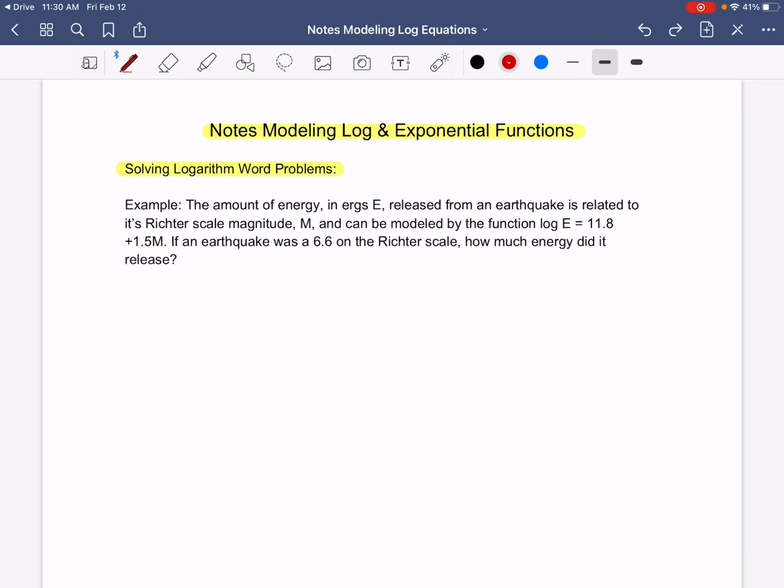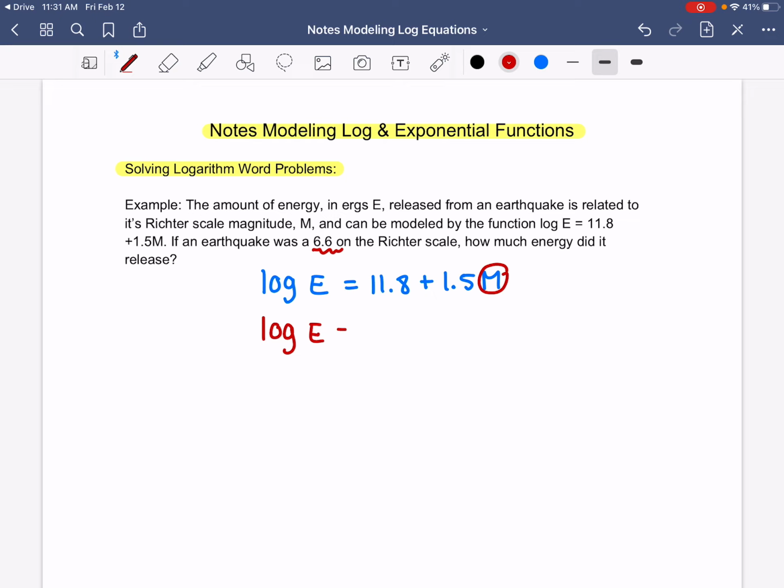All right, so they gave us an equation, so we're going to use log E, that's common log, is 11.8 plus 1.5 M. So there's two variables here, there's M and there's E. Well, it told us right here that the earthquake was a 6.6 on the Richter scale, which means this is M. So where the M is, I'm going to plug in 6.6.